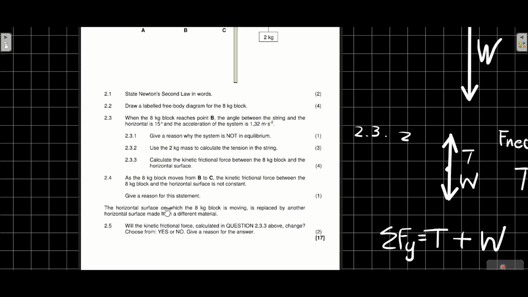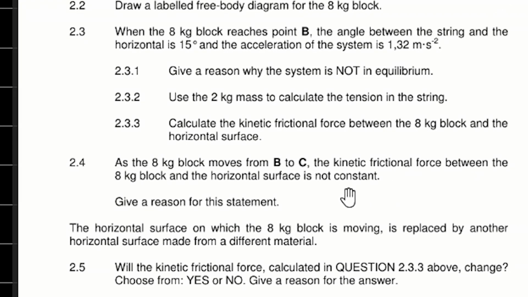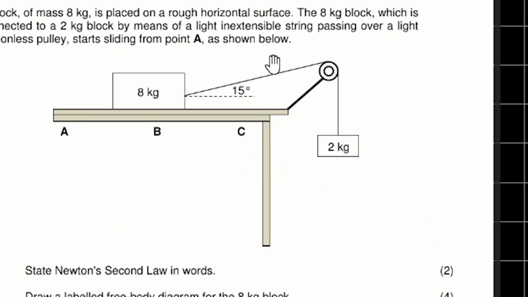Let's go to 2.4, which says, as the block moves from A to B, the kinetic frictional force between the 8 kg block and the horizontal surface is not constant. Give a reason for the statement. So now the kinetic frictional force changes as it moves from B to C. As you can see, if it moves closer to C, the angle here should change because it's moving closer to the pulley, which is higher than the block.